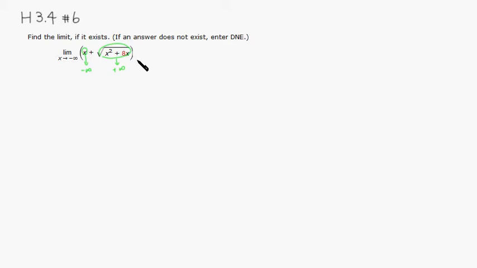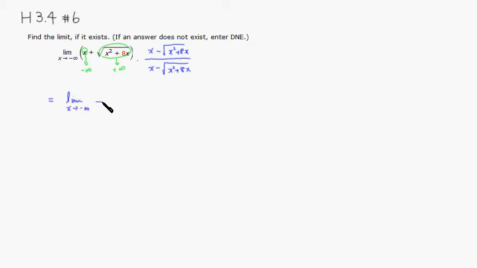We're going to multiply top and bottom by x minus the square root of x squared plus 8x, and we do the same thing down here so that we don't change the value of the limit. Then if you multiply it out, you have the limit as x approaches negative infinity.